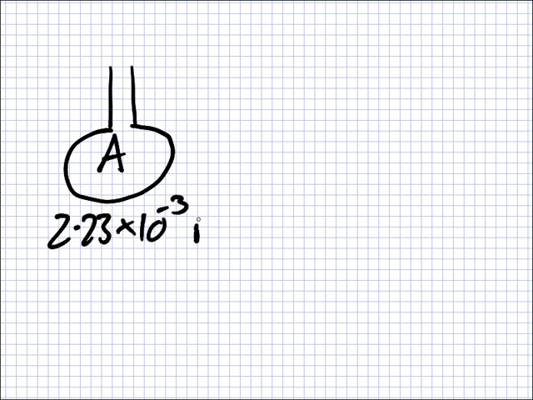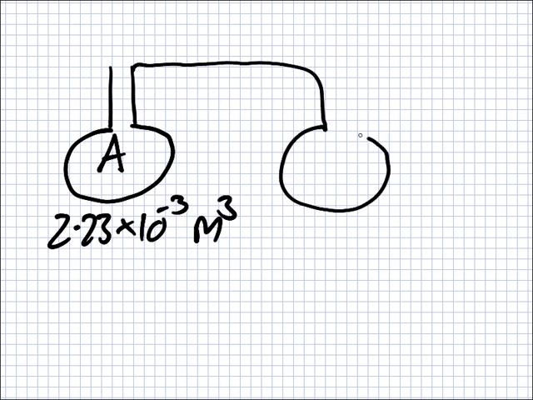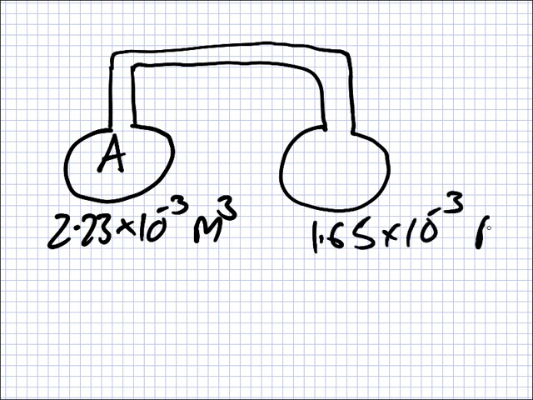Okay, is connected to flask B, of volume 1.65 times 10 to the power minus 3 meter cube, like this? Yeah. By a length of tubing of negligible volume.